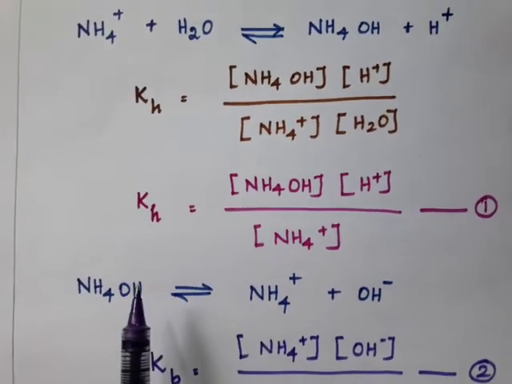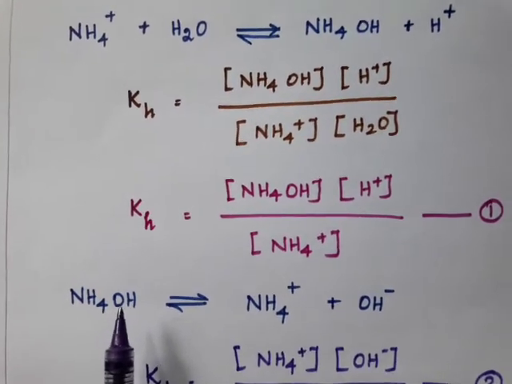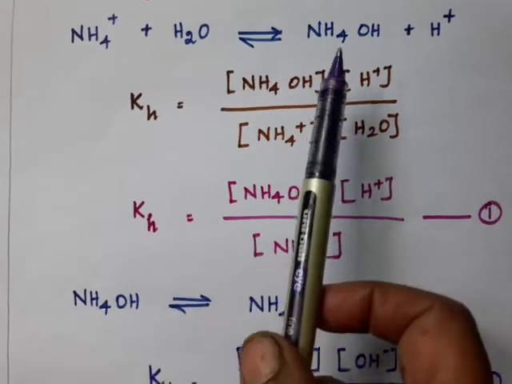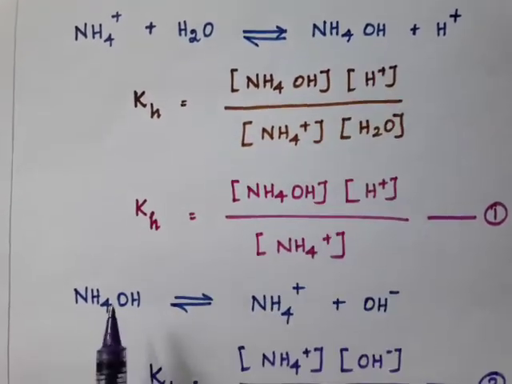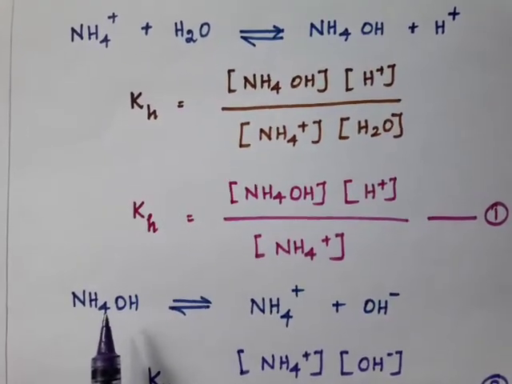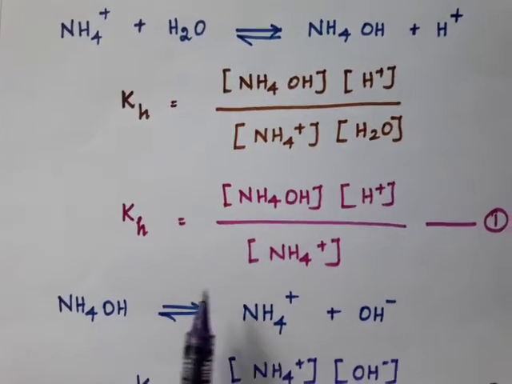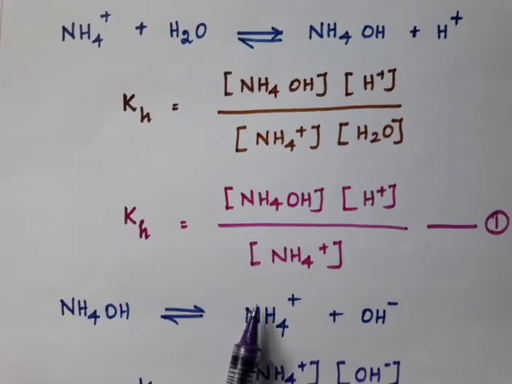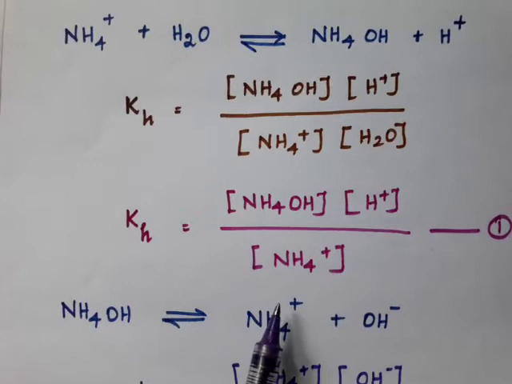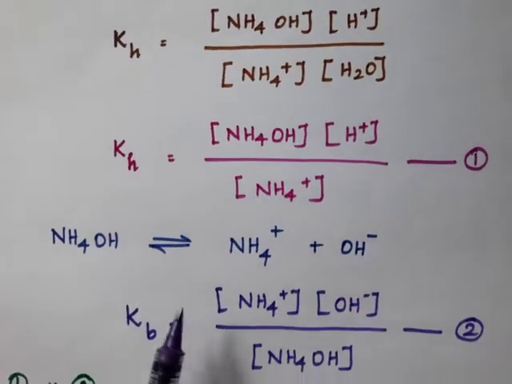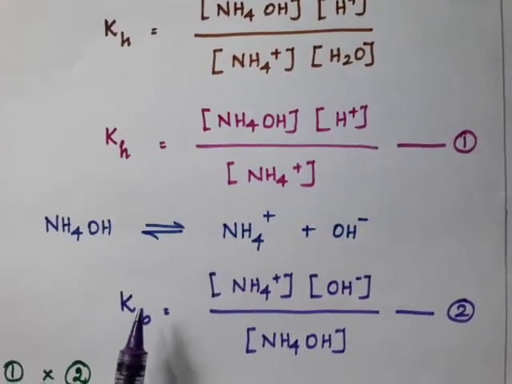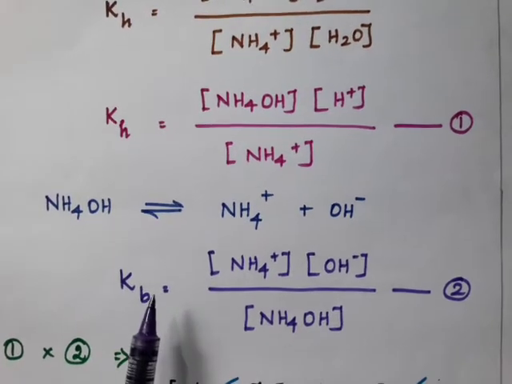Next we are going to see the dissociation of the base. When NH4OH dissociates, it gives its ions, NH4 plus and OH minus. Let me write the dissociation constant for this reaction.